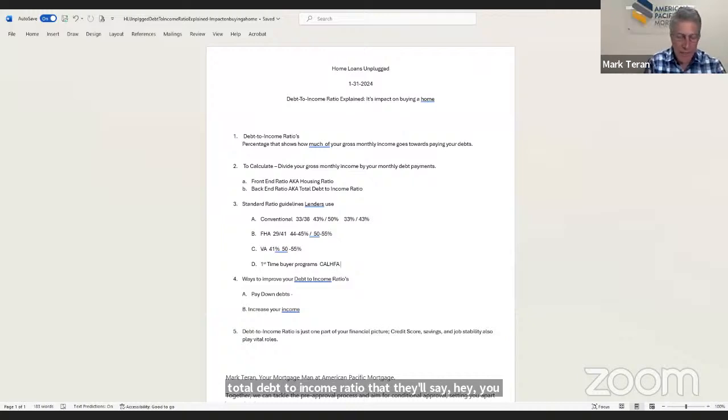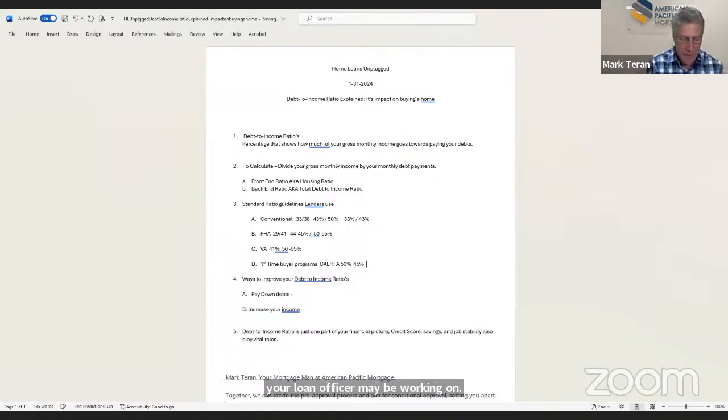And so typically it's below 50% if your credit score is 700 or higher. If it's below 700, then typically they'll limit that debt to income ratio to 45%. So pros and cons, and some of the things that your loan officer may be working on with you on your file.